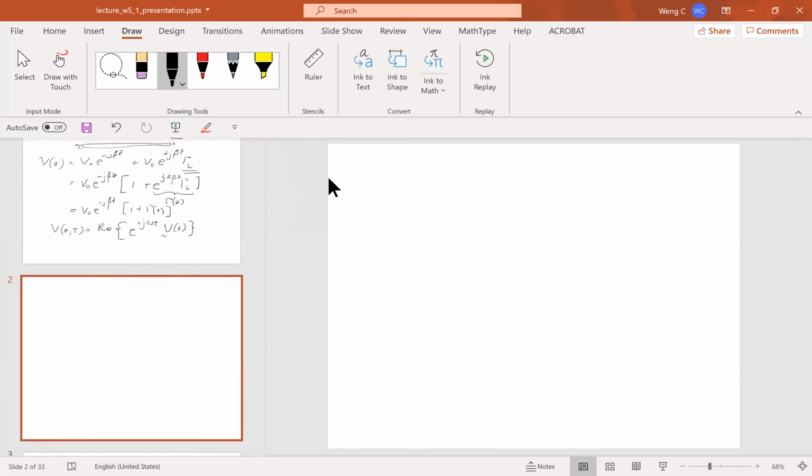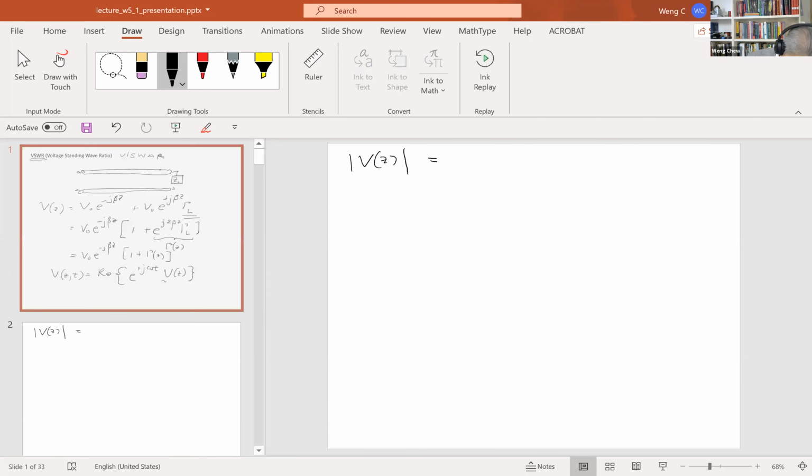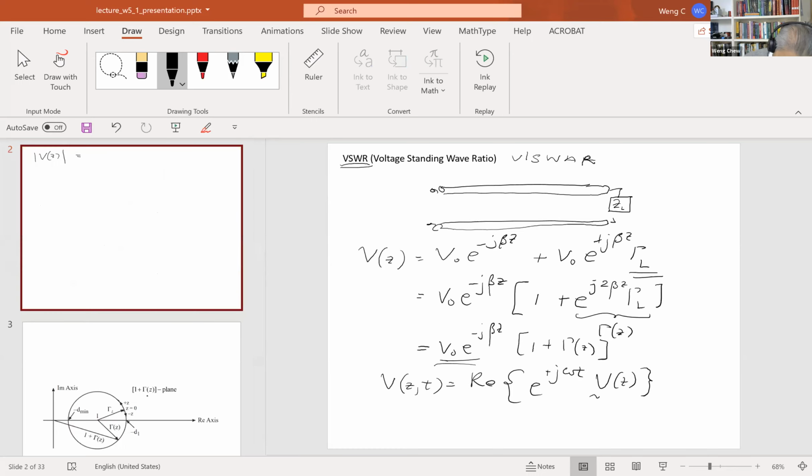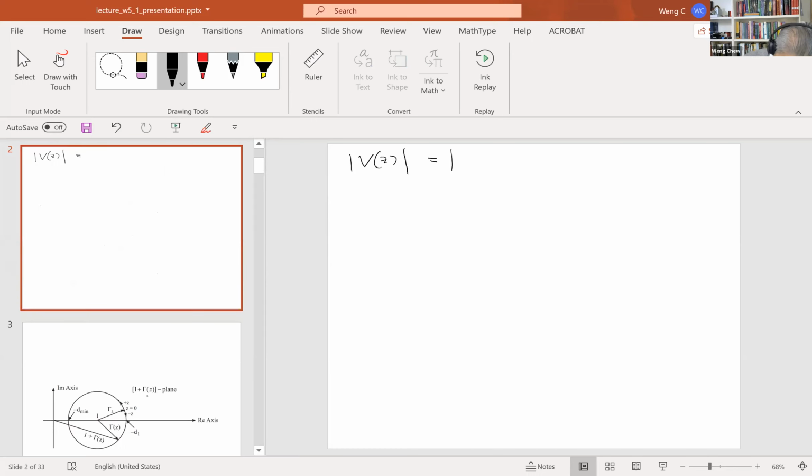So if you take the magnitude of V of z, because when you go between phasor space and real time domain space, you always have to take the magnitude of the signal. The magnitude of this part is V naught. So the magnitude will give you something like V naught times the magnitude of 1 plus gamma z.